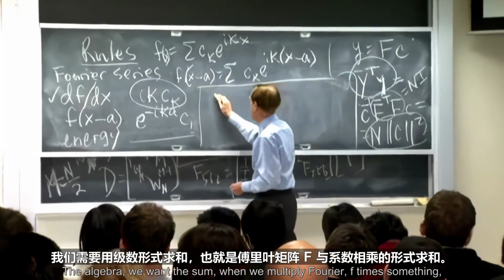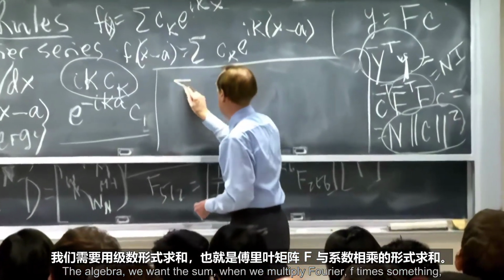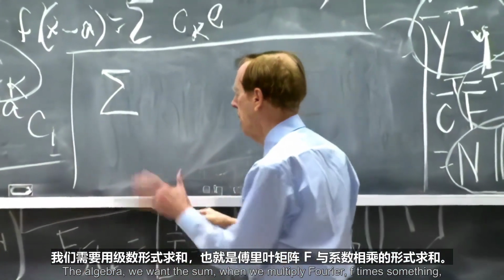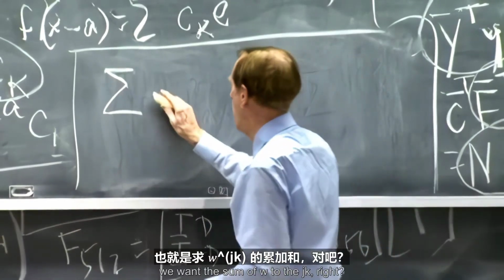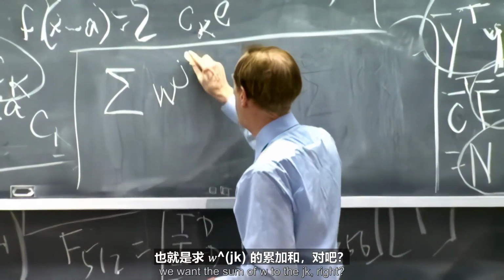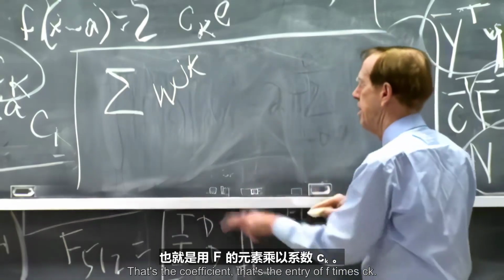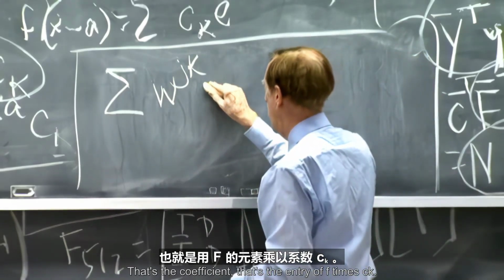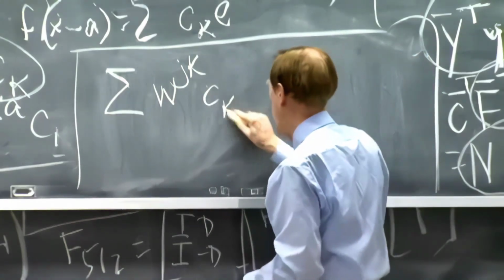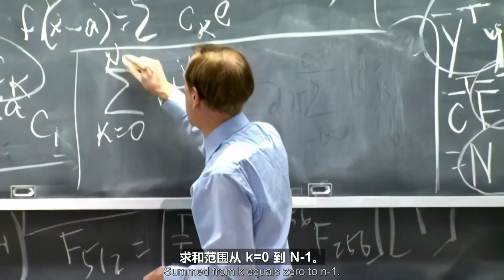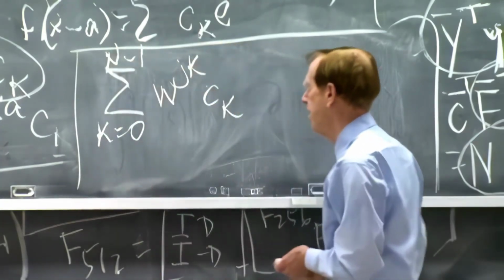We want, when we multiply Fourier F times something, the sum of W to the jk. That's the entry of F, times ck, summed from k equals 0 to n minus 1, to 1023.